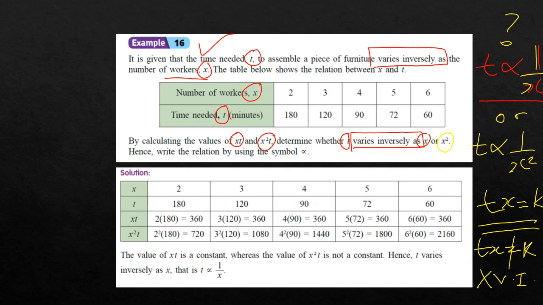So you copy back this x and your t, same thing, and then you multiply x with t. This one you get 360. Every time you multiply, you get the same number, that is a constant.